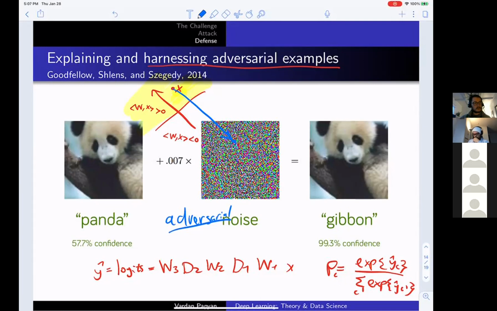I can't get this. Do you agree that in a linear model, where f of x theta is equal to w inner product x, the confidence is related to the distance to the decision boundary?